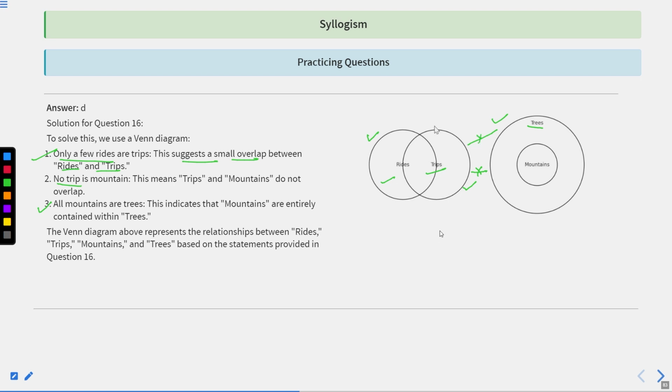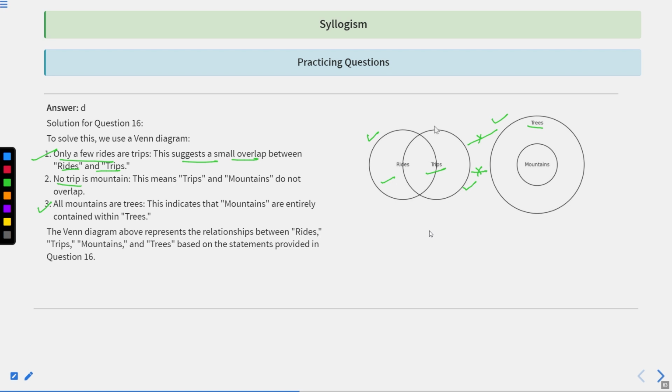No. So no tree is trip means some trees are not trips is also correct, my dear students. Please understand it one more time. If we say no tree is trip, we can also say that some trees are not trips, or that all trees are not trips.